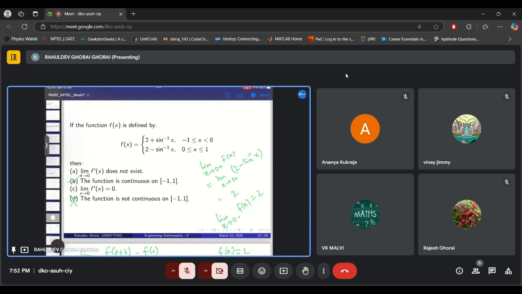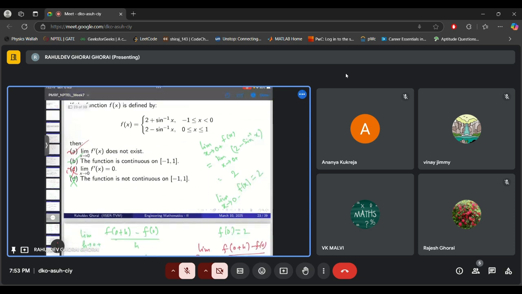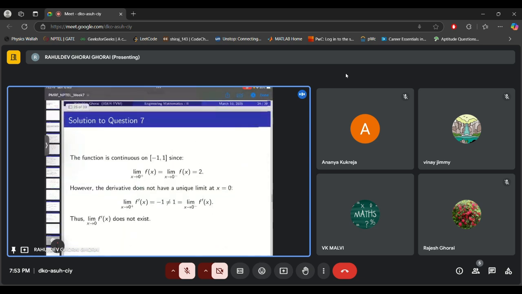Exactly, you were correct. So LHD not equal to RHD, so limit as x tends to 0 of f prime x does not exist. That's all we can say. I mean, f is not differentiable at 0.